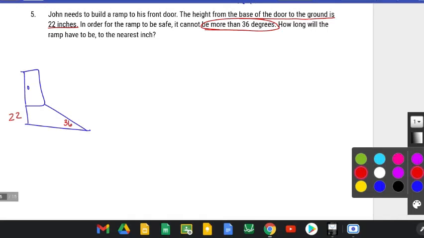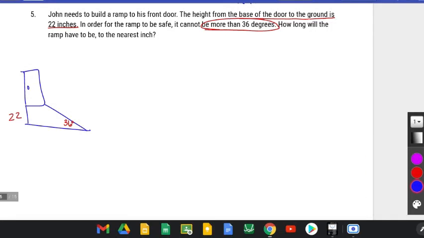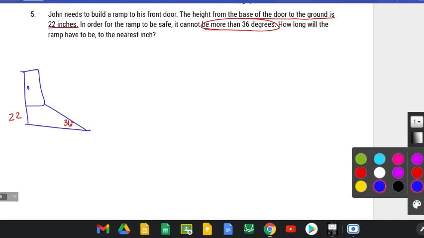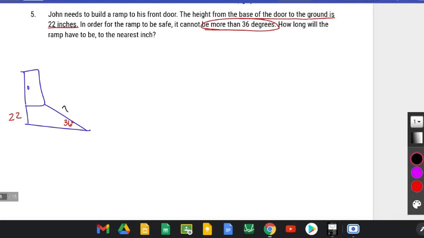So the ramp itself is 36 degrees. How long will the ramp have to be? Because it's talking about the ramp itself, I'm looking for this. That is where x is.